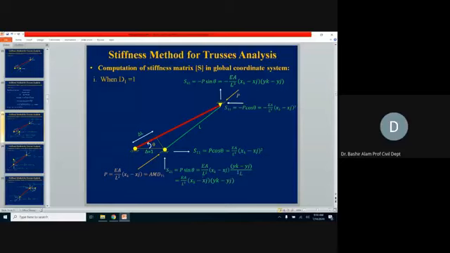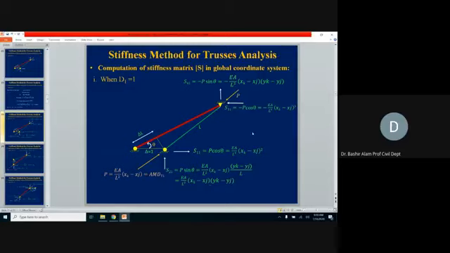L cube is coming from the product of L square times L. If you look, the configuration is the same. Here it is EA over L cube, so this is also EA over L cube. This is the product of the horizontal coordinates, and this is the product of the horizontal and vertical coordinates. So again, a product of the two things.